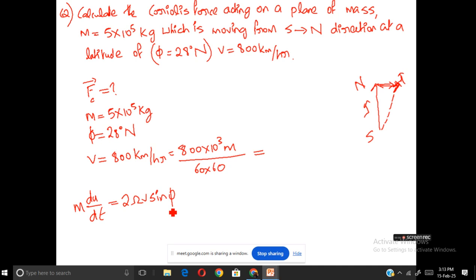Okay. I hope you understood. It is given in the question that the plane is moving from south to north, which is the y direction. So the Coriolis force will act in a direction perpendicular to the direction of motion. If the body is moving from south to north, then the Coriolis force will be acting in the west to east direction, which is basically our i direction. So we have to consider the Coriolis force along the i direction.